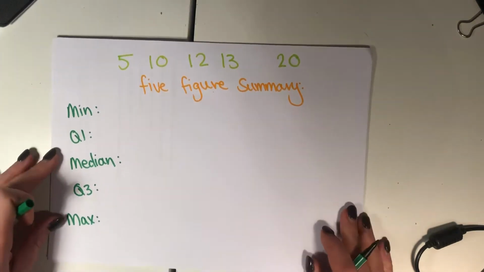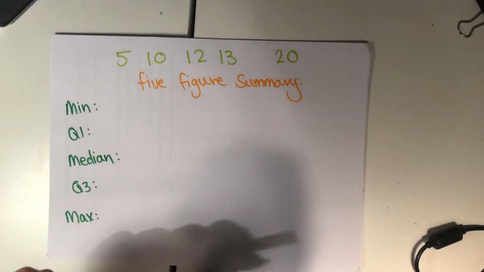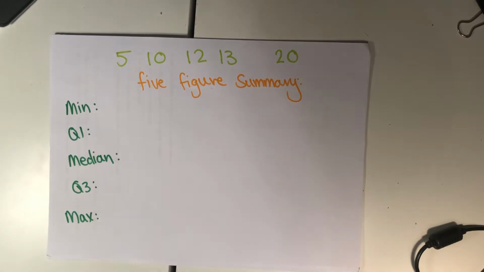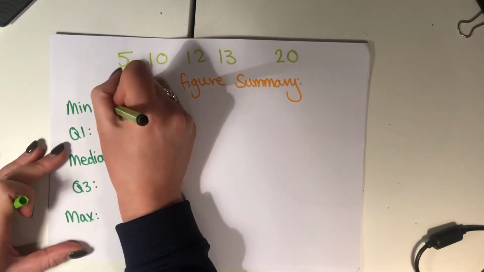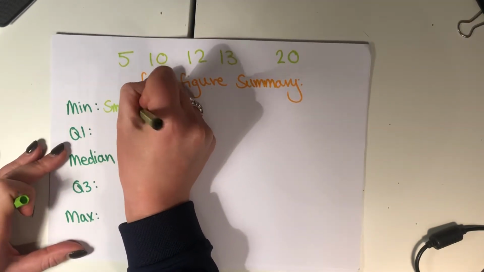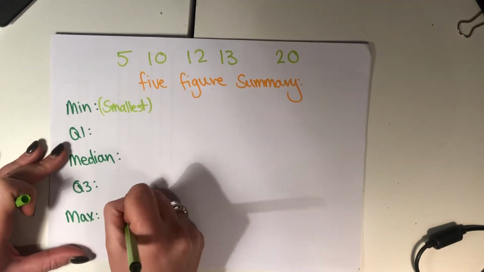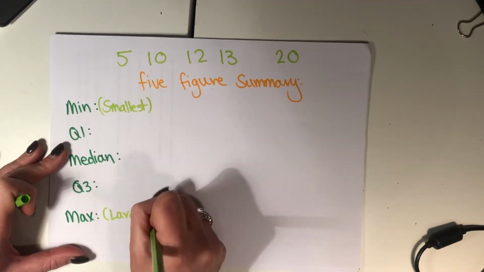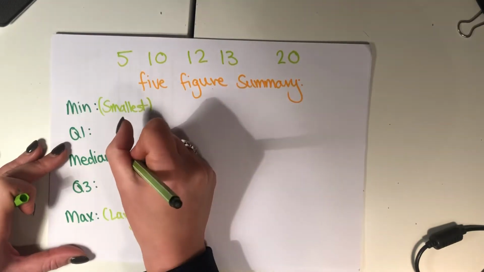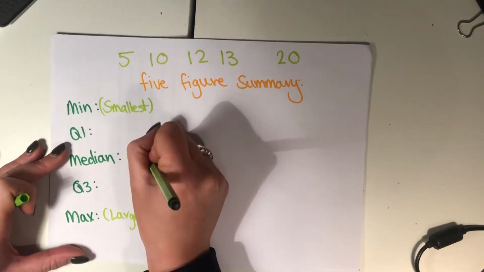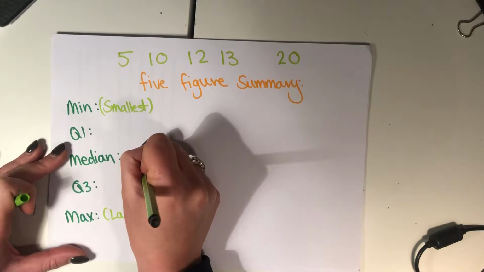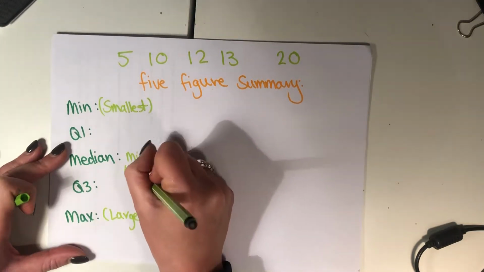So when we're looking at my numbers here, I've got 5, 10, 12, 13, and 20. To translate, basically, your minimum is your smallest. Max is obviously your largest. Okay. Your median is the middle when in order.